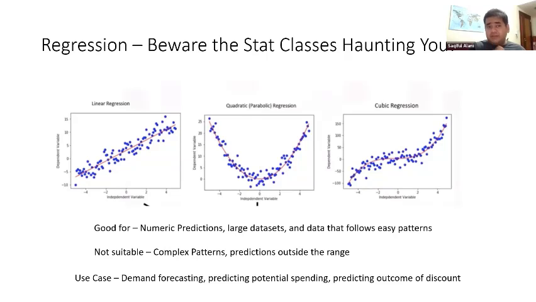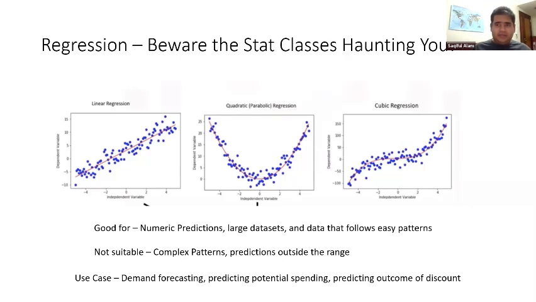The other beauty of regression is it's explainable. That is, when you fit the model to predict something using regression, the model can be explained to anyone. Suppose I'm trying to find out how much advertisement causes sales.